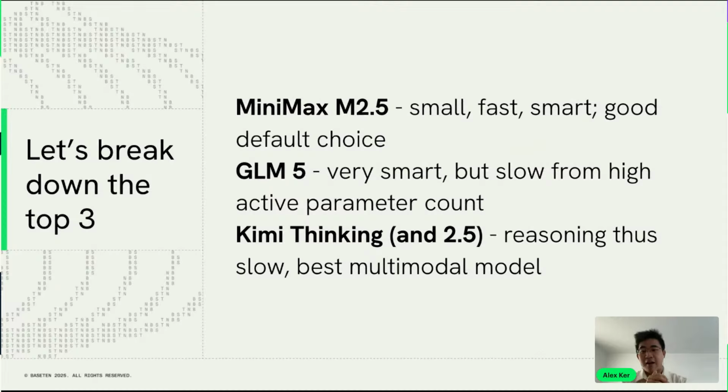And then we also have Kimi K2 thinking, and the latest iteration of Kimi, which is 2.5. It's also a reasoning model, which is slow, but I would say it's the best multimodal model with joint vision language training, which I'll dive deeper into in a second.